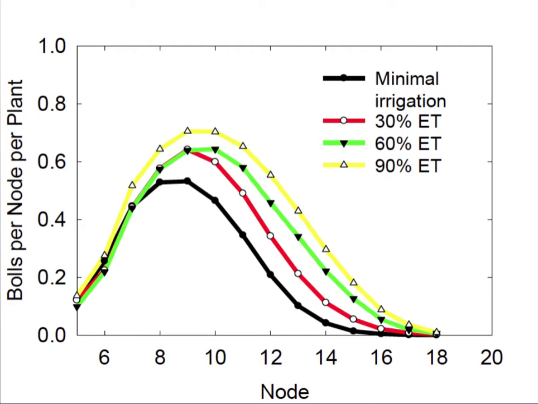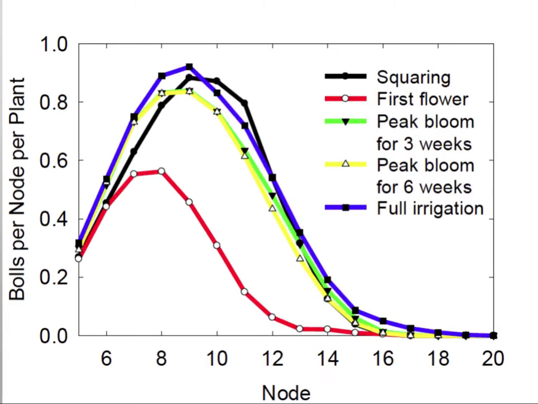If you do set quantities of evapotranspiration rate, you see this nice decline from fully irrigated, and each of these steps down is about a 30% decrease in irrigation, and you see this nice relationship.